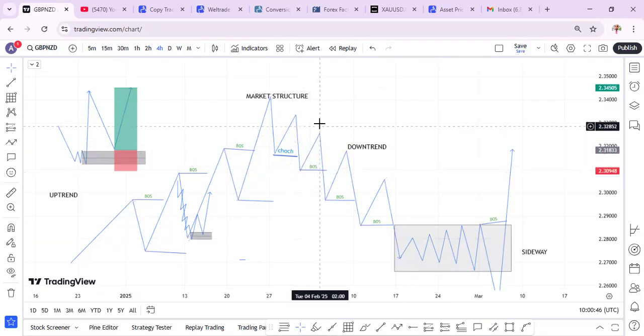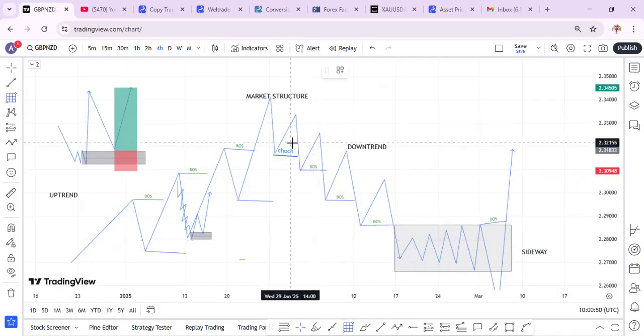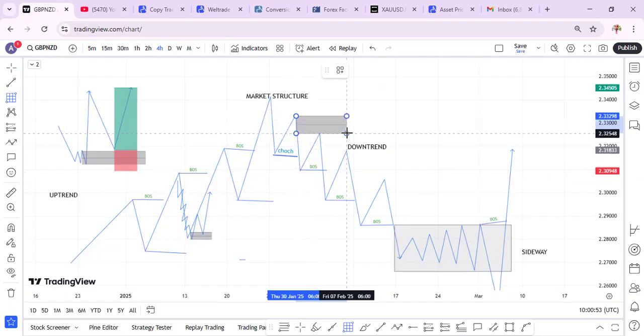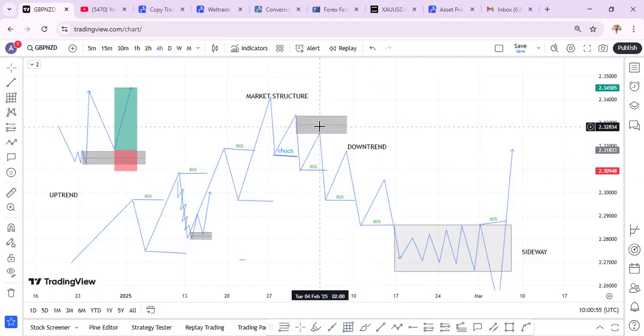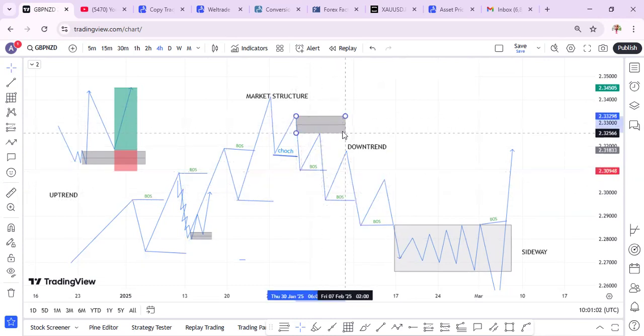Impulse and the correction. So you want to sell on the correction as price comes to what? Let's say this is your order block, your demand. Price enters your demand, and price does what? Breaks another structure. Then price does what?